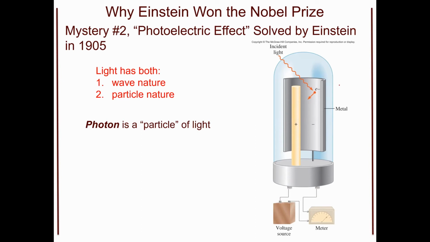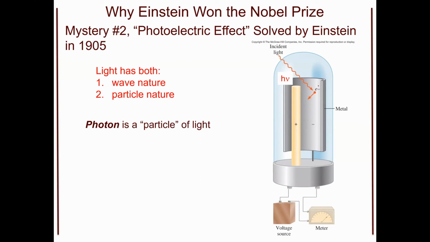This is the first person to use the term photon as a particle. So when we start talking about the wave duality or the wave-particle duality of light, it is because Einstein believed that there is the wave properties and the particle property of our light. So what does this mean? Well, let us look at this incident light coming in and striking our metal.